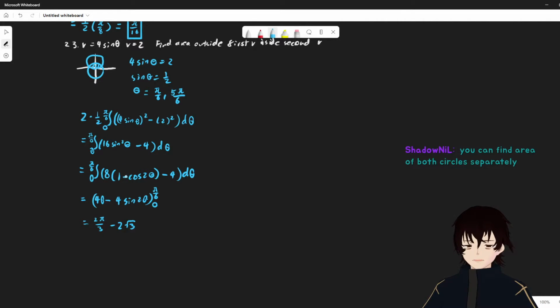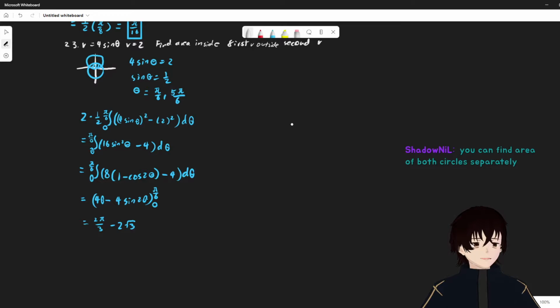Is this 1 plus? No, this is 1 minus. Find regions that lie inside the first curve. Oops. Inside first r, outside.